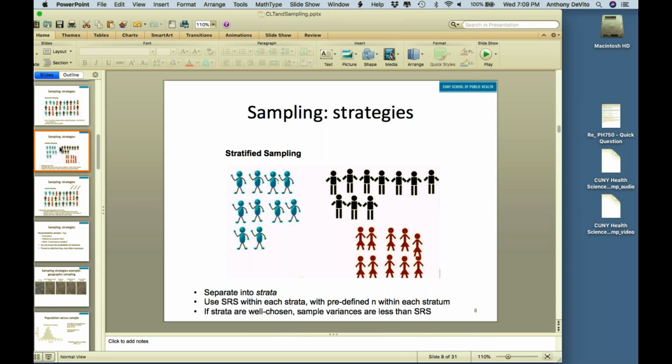Instead of doing it that way, let's look at the population of Staten Island, and let's say the population of Staten Island is 1/10 of the population of Manhattan, right? You may say to yourself, okay, well in that case, I'm going to randomly sample 1,000 people from Manhattan, but only 100 people from Staten Island. So you eliminate the bias that you might have had if your samples were not weighted by borough.